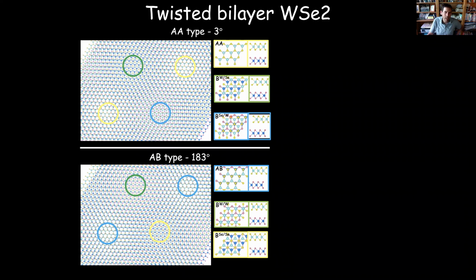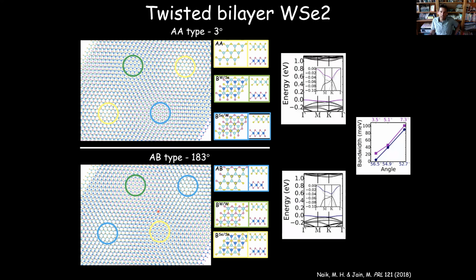And you can do the same kind of stacking in the 183-degree rotation, but there are 3 different sets in that case. And in both cases, when you do this, if you make a small twist angle, it will lead to a set of flat bands or relatively flat bands at the valence band edge. So before we had this parabola, this semiconducting band, it has now become this relatively flat band at the valence band edge.